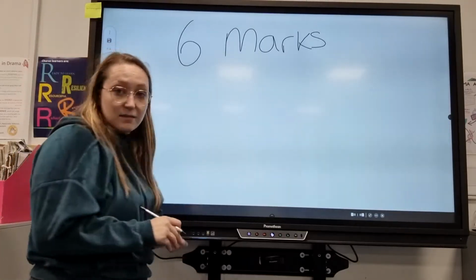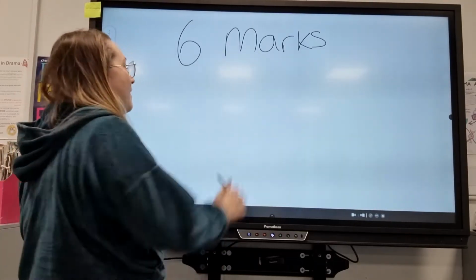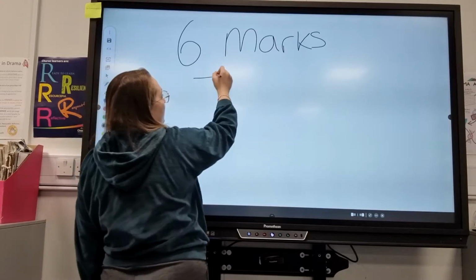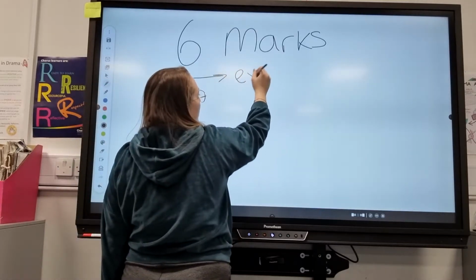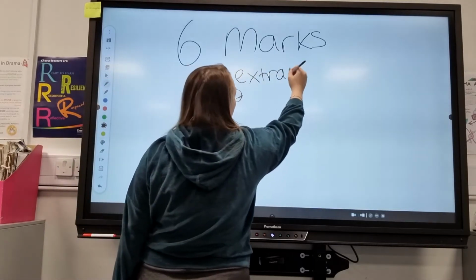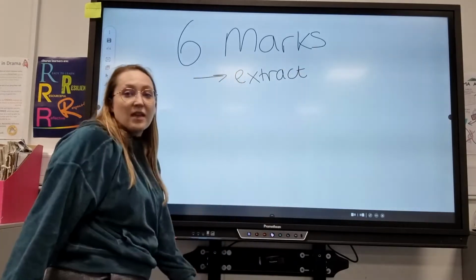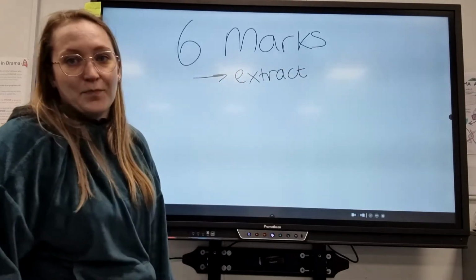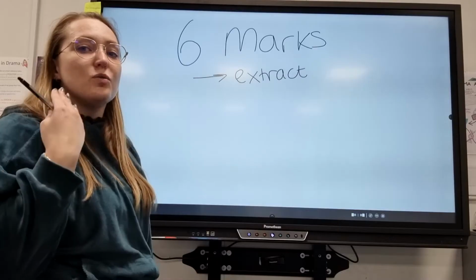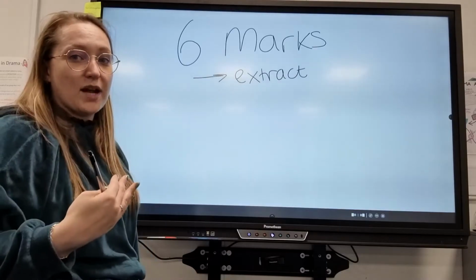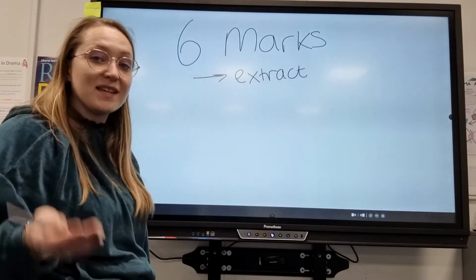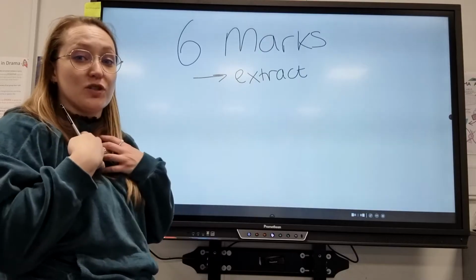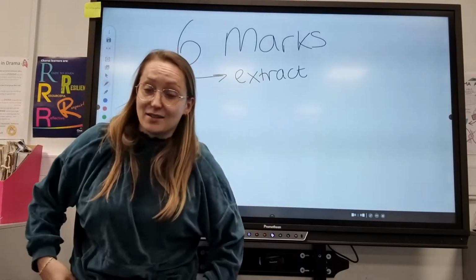So to start out with that 4 marker information, it will tell us that it is linked directly to the extract that we are going to be acting in. So you've got to make sure that you know what character the question is asking you to think about and what you personally would do as an actor in that scenario.